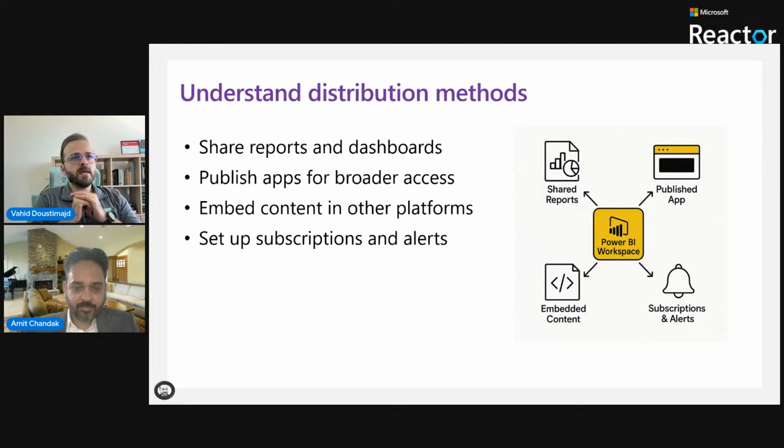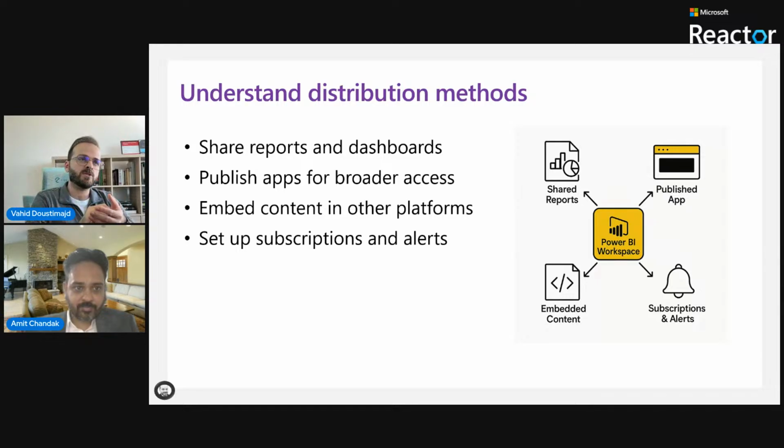Okay, so as I said, there are different ways we can share the report with the people and users in the organization. Those four roles assigned to users can see the workspace, see all the reports, and open and interact with them. You can share the report directly by creating a link and sharing it with them, and that link will take them to that report.